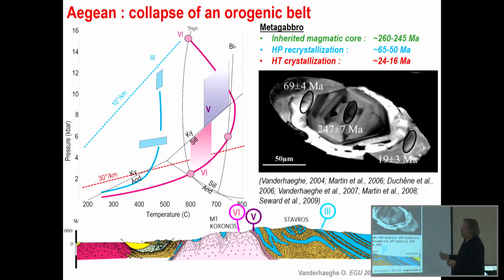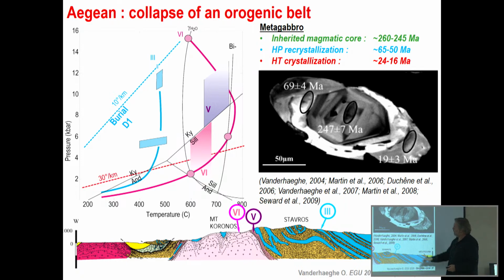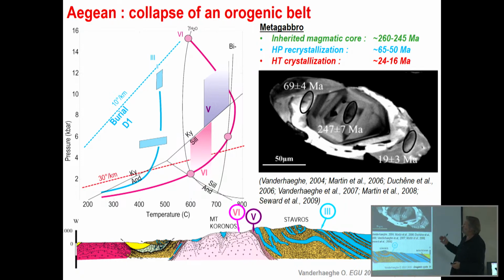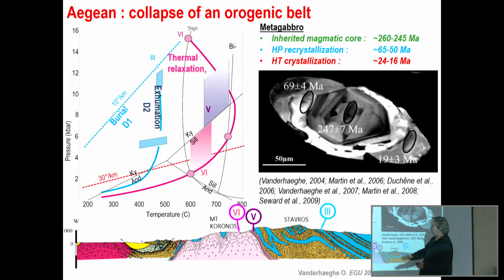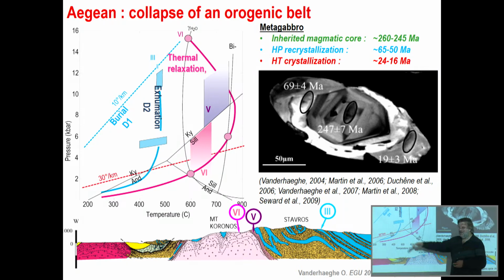Okay, let's wrap up now, taking all the information we have. So we have a first period of burial associated with the first folds, and then exhumation related to the second folds that is recorded in these rocks. Then thermal relaxation of the thickened crust, built by burial and exhumation, increase in temperature.